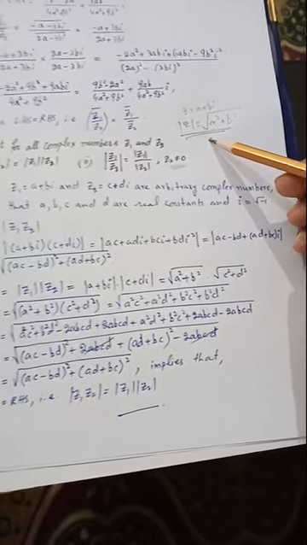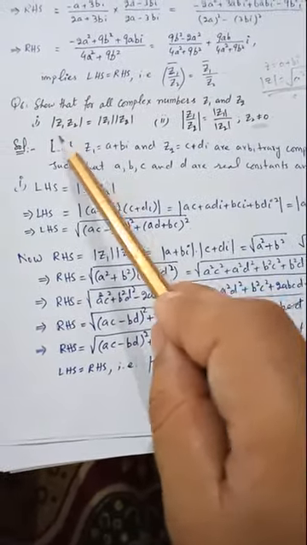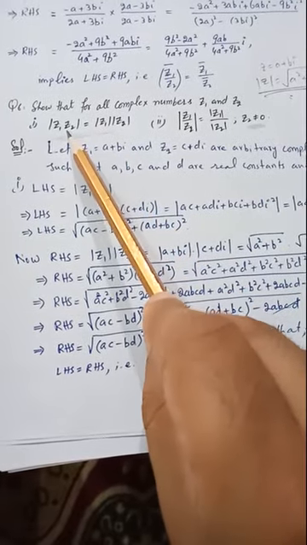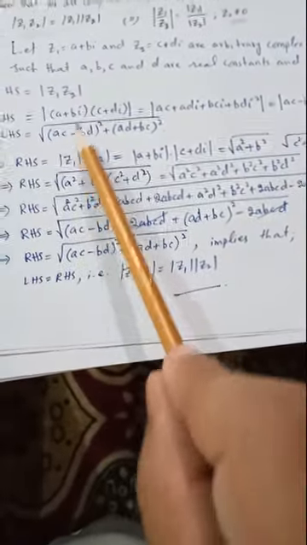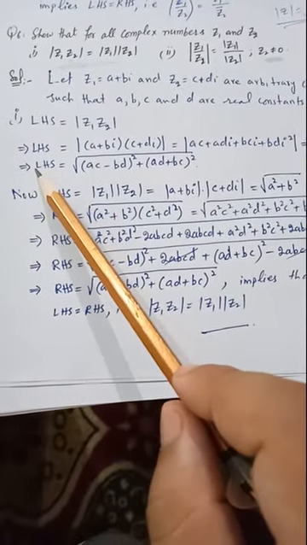Now if you need to show that these two are equal, first of all you will consider the left hand side. For the left hand side, first of all you need to multiply z1 and z2, and then you will take the absolute.